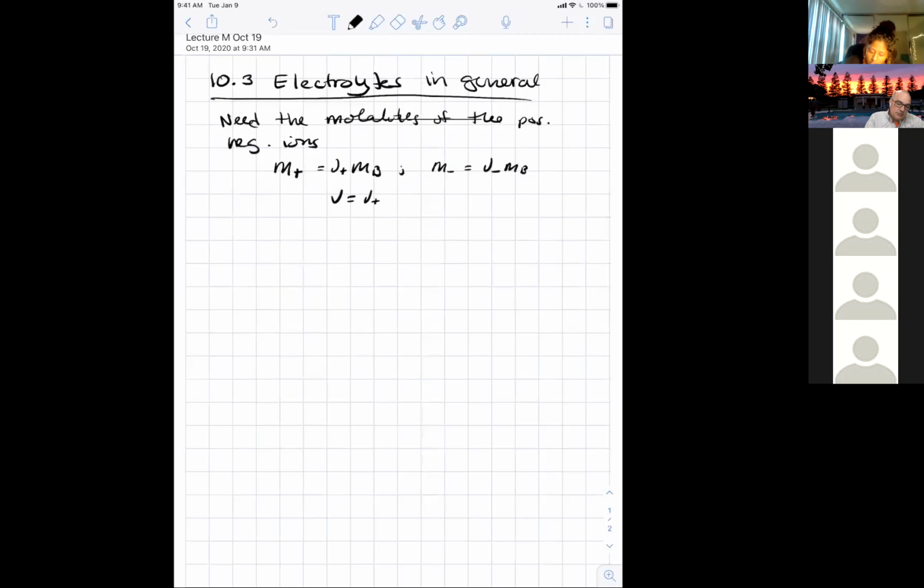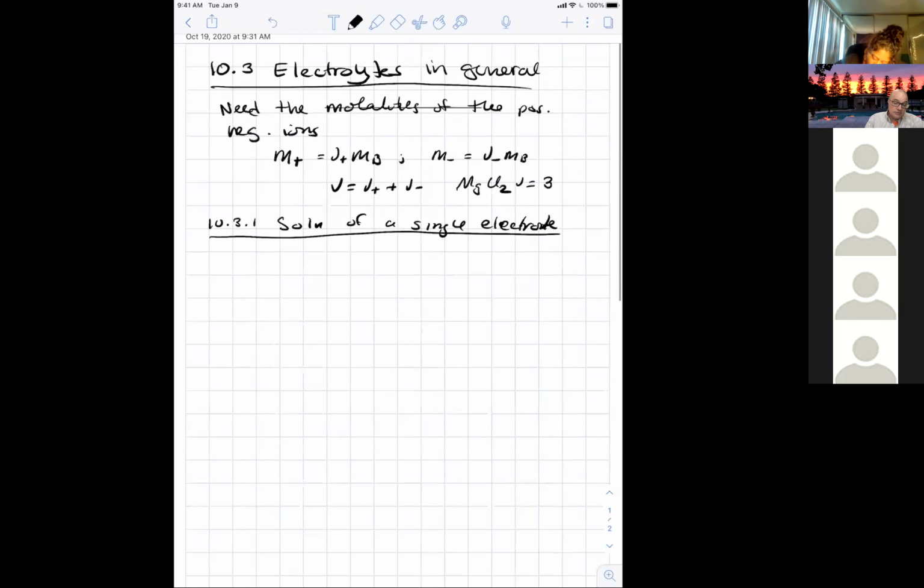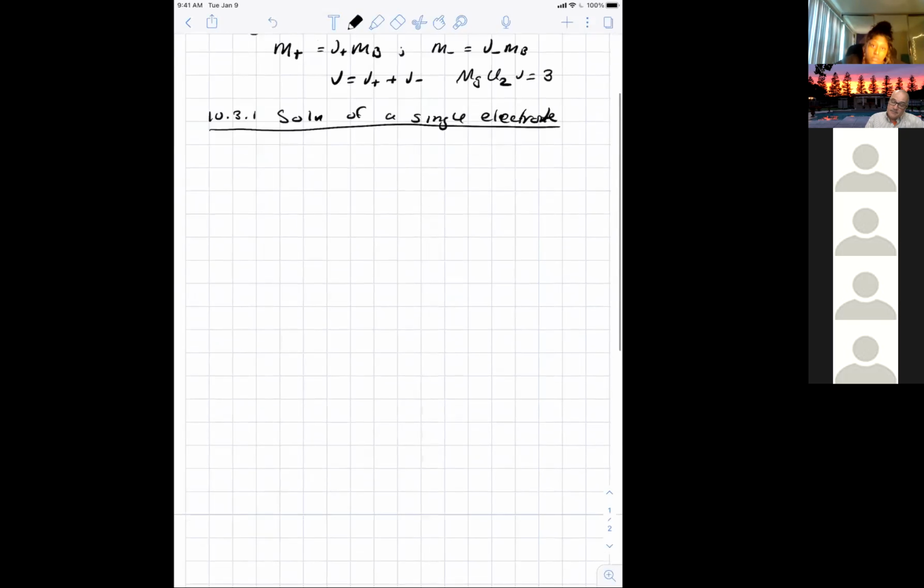And we also want to define or remember the total stoichiometry, right? So for magnesium chloride, MgCl2, this factor would be 3. Okay, so let's look at a solution of a single electrolyte, the general case, or of course this should reduce to the symmetrical electrolyte.